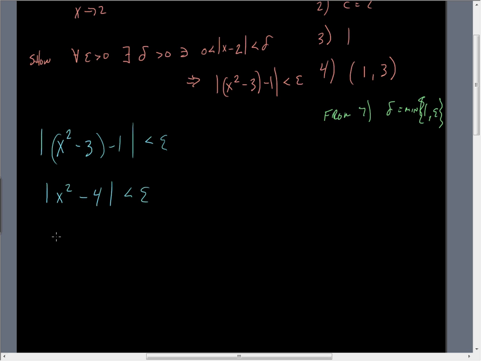Now, we have to be careful here, because we want the minimum between all these, there'll be an involvement of a maximum here. Okay, so now we notice that we have the difference of 2 squares. I'm going to split that up into the absolute value of x plus 2 times the absolute value of x minus 2 is less than epsilon.